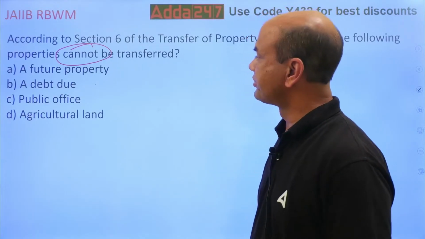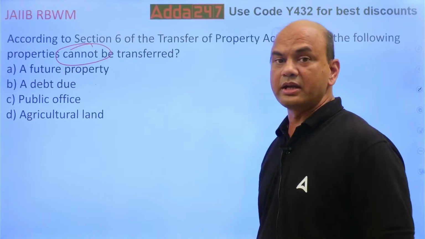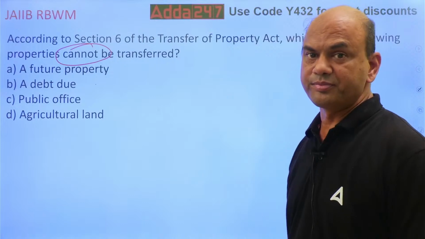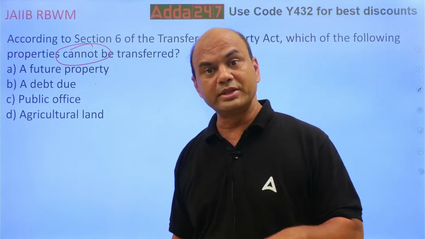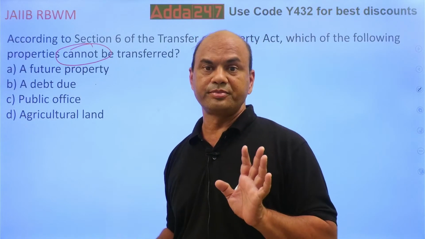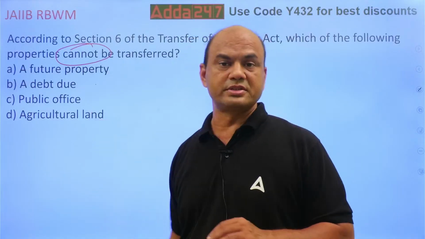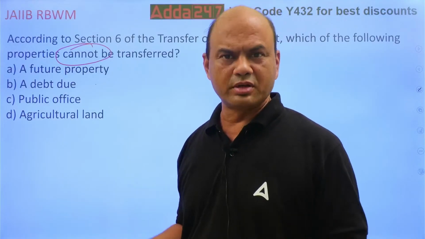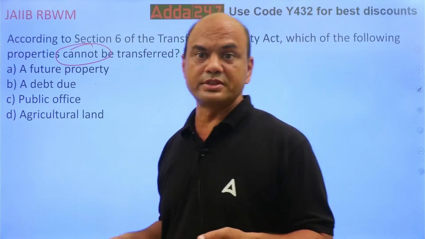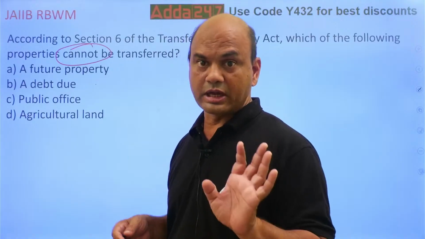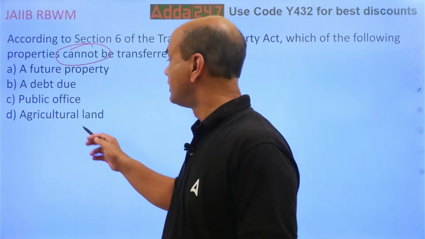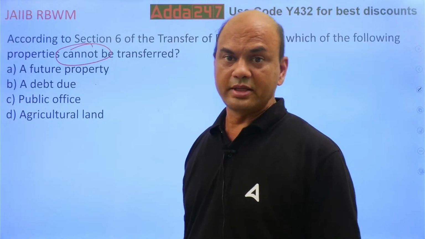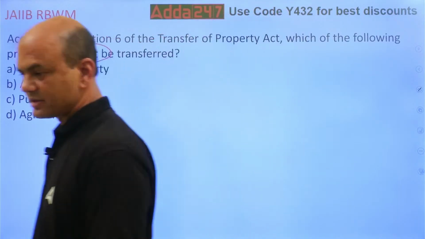Debt due means a debt which is due, I have to pay it to somebody. Public office means some government office. Can the government sell that public office? Think. I won't give you the answer right now. Agricultural land, can it be sold or transferred? Think now and give me the answer accordingly.